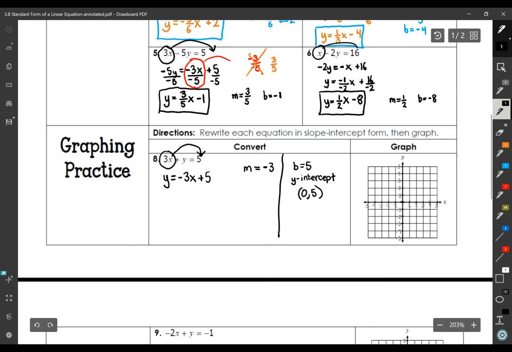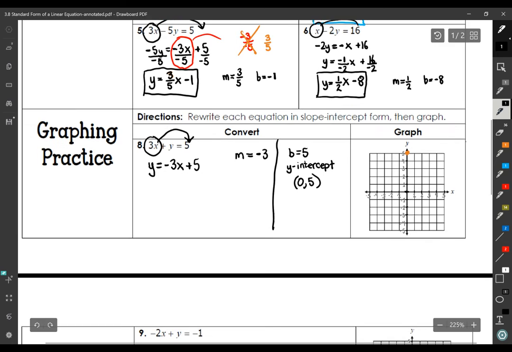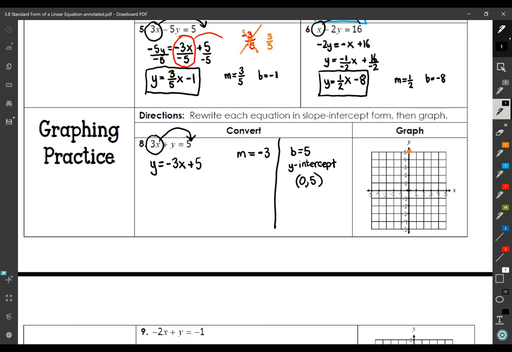So let's remember how to do that. Right here. So we're going to take a marker or put our pen down and put our y-intercept in. Okay, so positive 5. Now we're going to use our slope to get the next points. Okay, so remember, slope is rise over run, right? So if we have just negative 3, remember that it's negative 3 over 1.